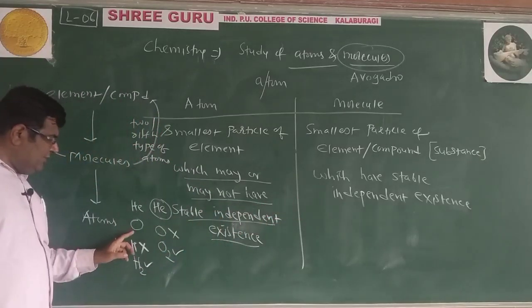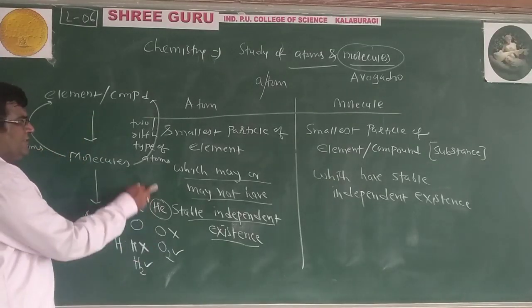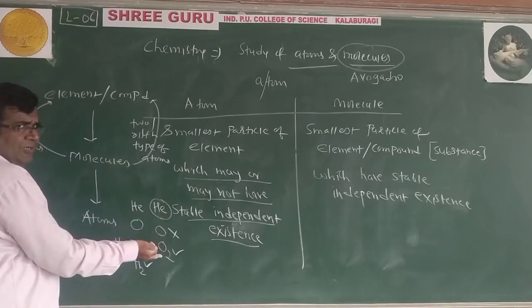So you have to see these differences. The molecules of element contain only one type of atoms. The molecules of compound contain two or different types of atoms. For example, molecule of oxygen contains O2, like that.